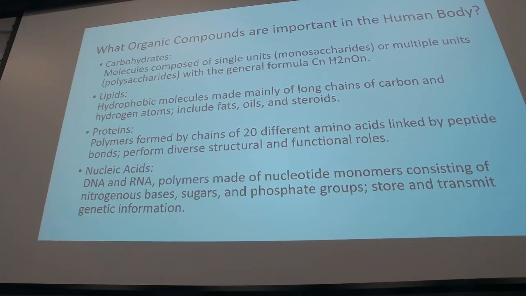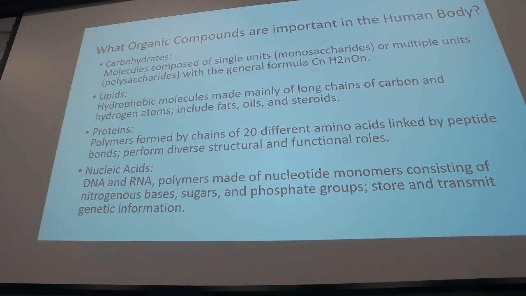So organic compounds are molecules that have carbon and hydrogen linked, and examples will be carbohydrates. Carbohydrates have monomers that are called monosaccharides.